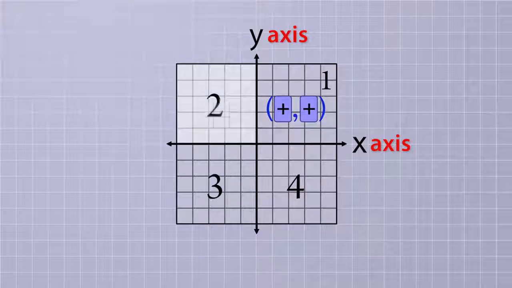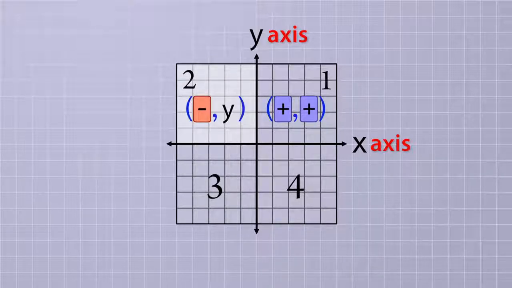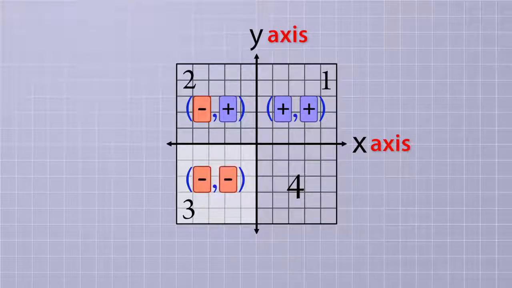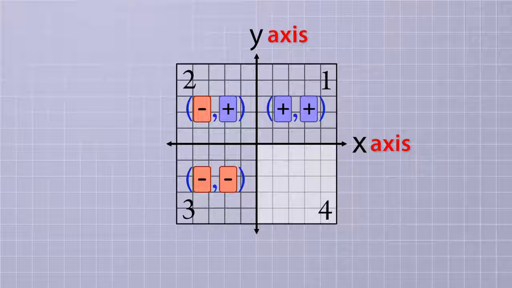Quadrant 2 is the upper left, and it contains all of the points that have a negative x value and a positive y value. Quadrant 3 is the lower left, and it contains all of the points that have both a negative x and a negative y value. And quadrant 4 is the lower right, and it contains all of the points that have a positive x value and a negative y value.